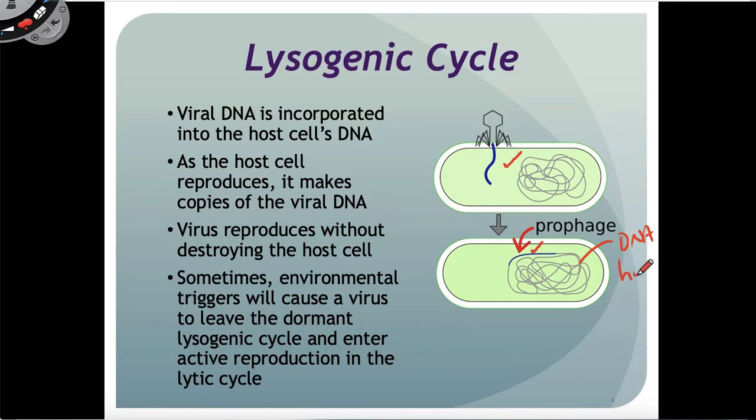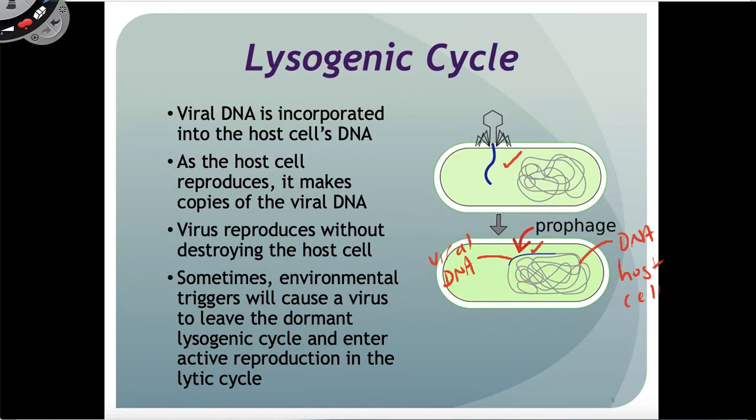So this DNA belongs to the host cell, and now it incorporates some of the viral DNA. So now you have a little piece of the virus inside this host cell, and this host cell can remain dormant for some time, but it's carrying a little piece of the viral DNA. So this is what we refer to as the lysogenic cycle.